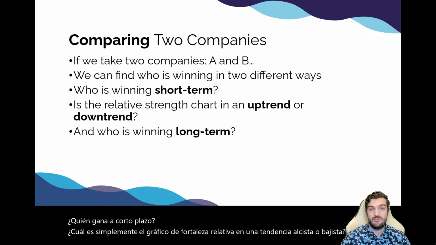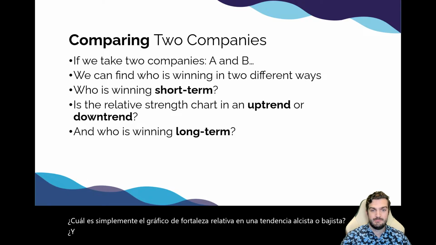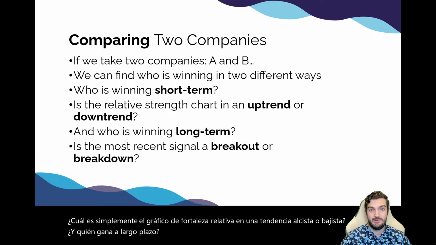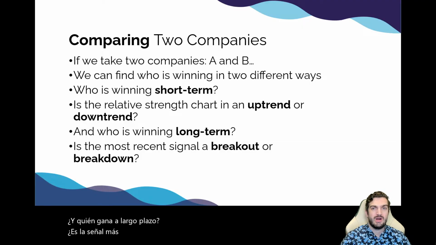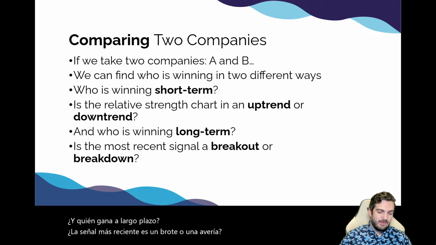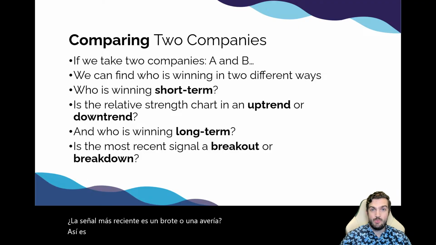And who is winning long term? Is the most recent signal a breakout or a breakdown? This is the way that we can figure out the winner from two companies paired together.